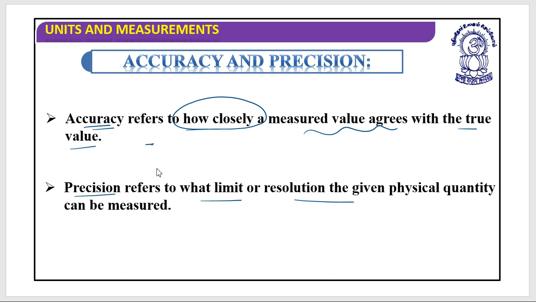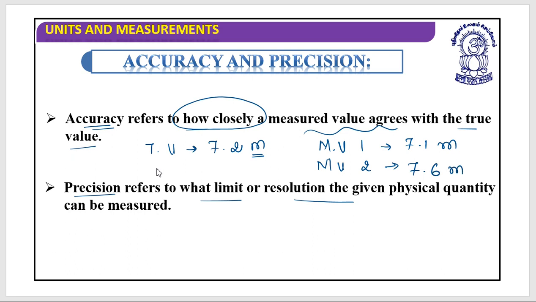So let's say the true value is 7.2 and I have certain measured values, measured value 1 and measured value 2. One of the measured values is 7.1 and another is 7.6, let's say. This is my true value 7.2.